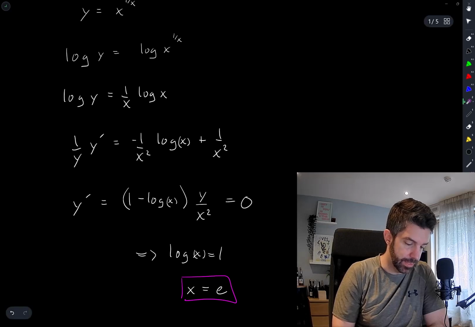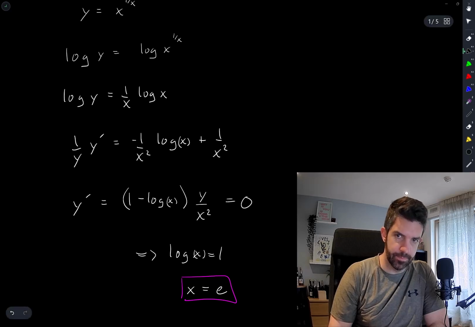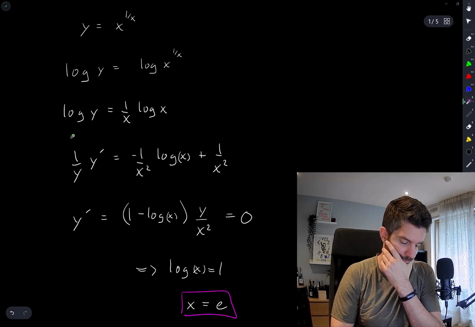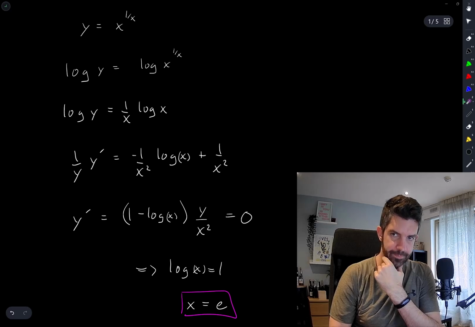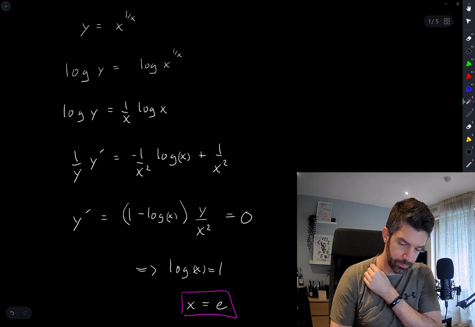As x goes to infinity, that goes to 0. So y approaches 1, I suppose.